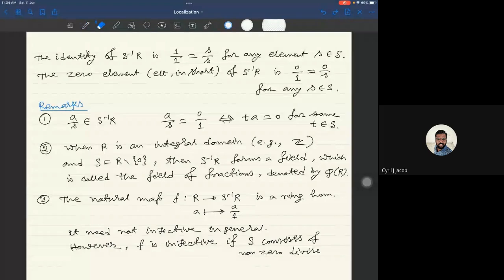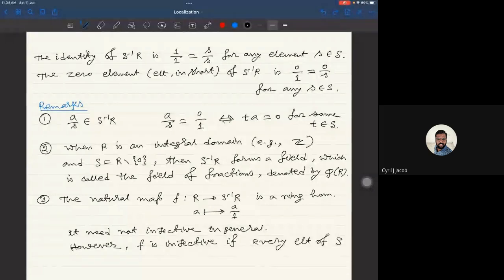You can verify this. So in general this map is not injective.